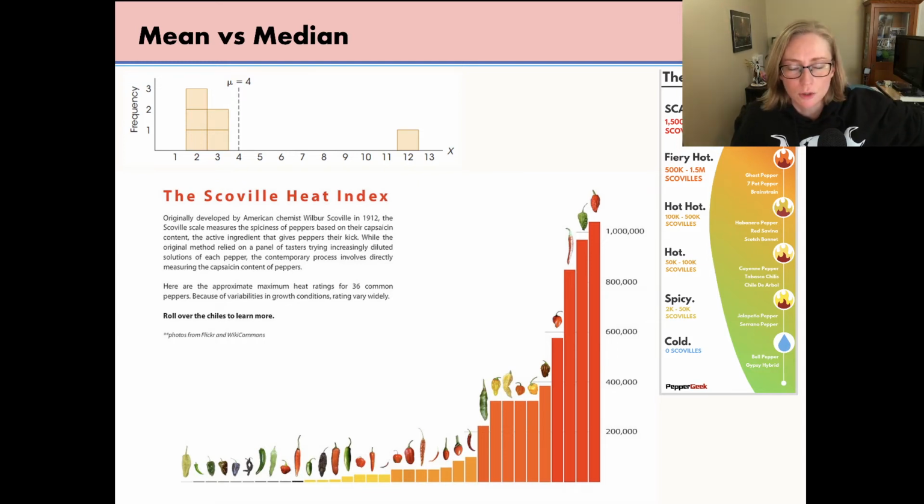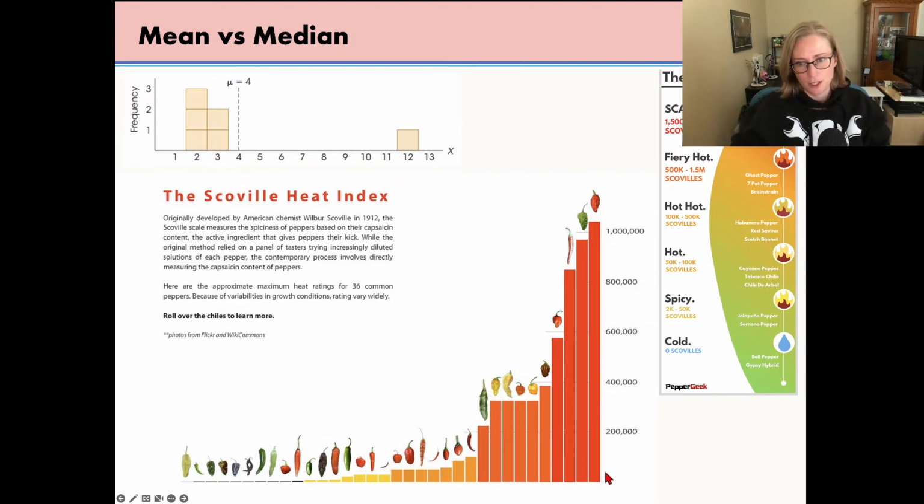Obviously not all the way to that extreme score, but skewness is going to pull the mean around with it. The median is less influenced by it. This is just one score. It's not going to make a big difference. It's still going to keep it here. If this score was all the way down here, the median would still be here, right?